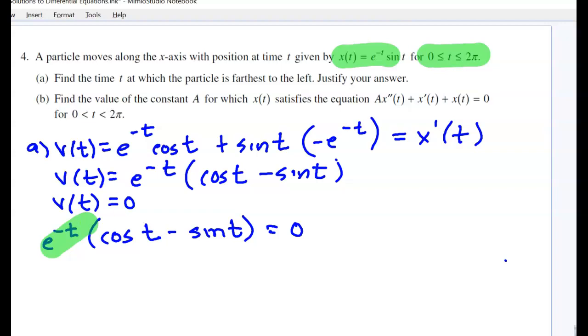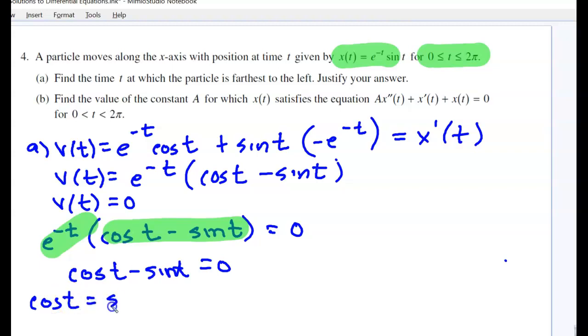Well, this guy is never 0, so we have to figure out when cos t minus sine t equals 0, and that's going to be where cos t equals sine t in the interval 0 to 2 pi. Well, they are equal in both quadrant 1 and quadrant 3, and that's when the reference angle is pi by 4. So at pi by 4 and at 5 pi by 4 are going to be the two times where the velocity is 0.